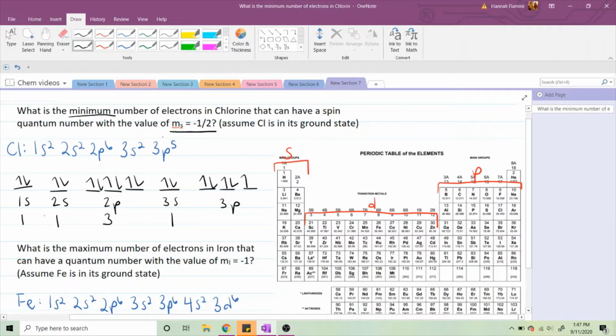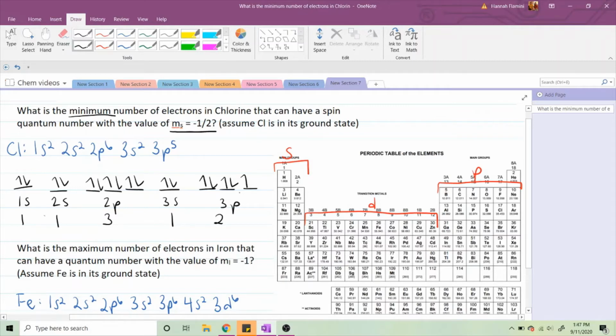So since in this question it's asking for the minimum, since we don't know, we are going to assume that this has a +1/2 spin. So we're only going to get 2 from this one. If it asks for maximum, that's when you do assume it has the spin you're looking for, but it's asking for minimum.